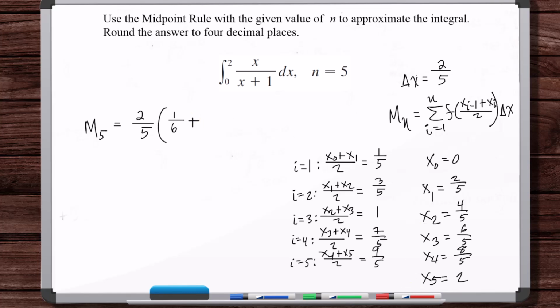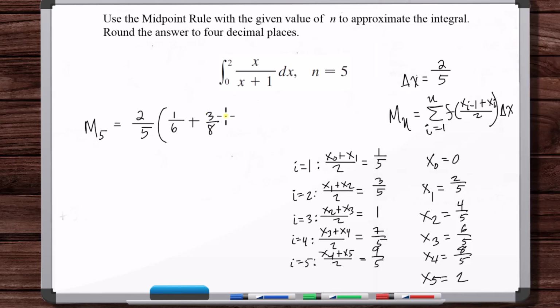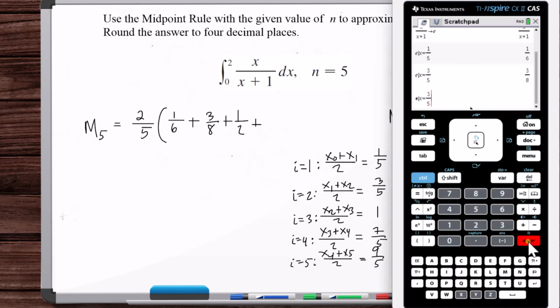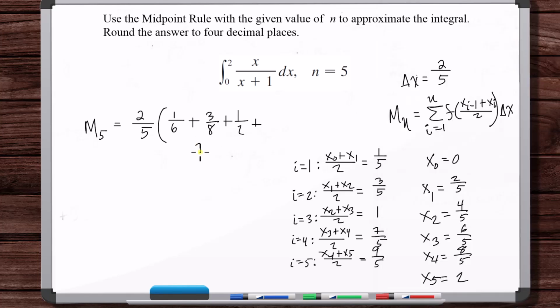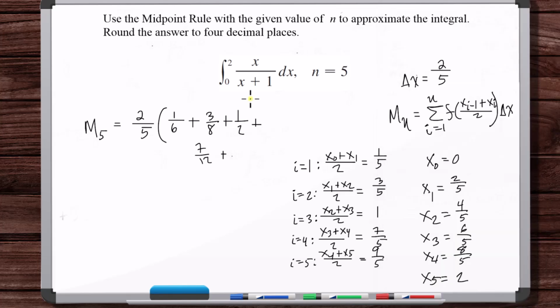All right, now we want to do the same thing with x equal to 3/5. It's 3/8. Now with x equal to 1, that's easy, so that's 1/2. Now with 7/5, so 7/12, and then 9/5. Nine 14ths.